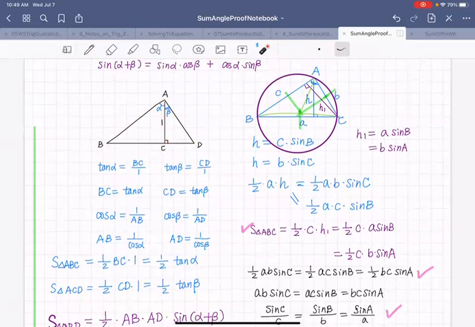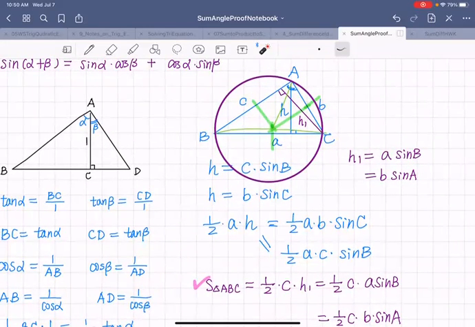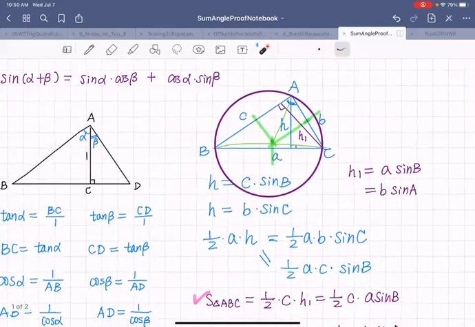But there is another formula. We can use AB times AD divided by 2 times the sine of this angle. Why is that? The thing here is a little bit complicated. I'm going to draw a triangle.